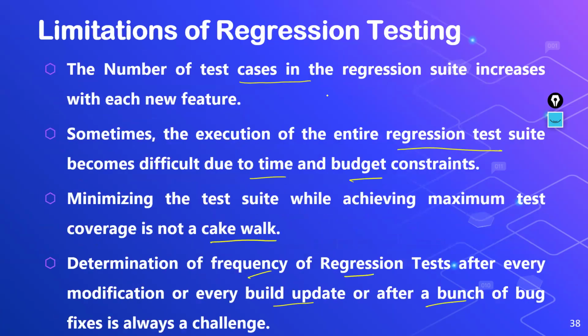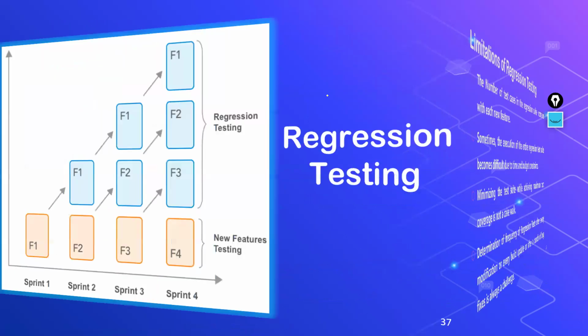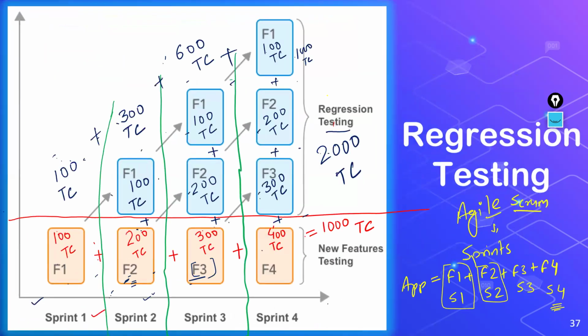Regression, on the other hand, is where you're executing every test case for the previously implemented features every time you go to the next aspect, with the deployment of the next feature. That's how it is.